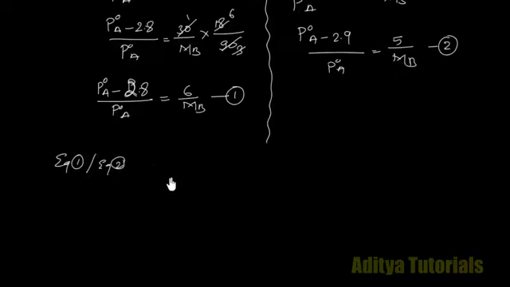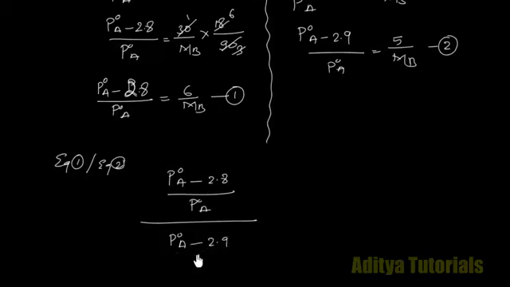And we get here (P naught A minus 2.8) divided by P naught of A, the whole divided by (P naught A minus 2.9) divided by P naught A. This is equal to 6 divided by MB divided by 5 divided by MB. Okay students, after that these two terms get cancelled.